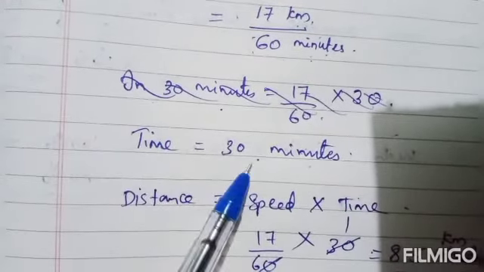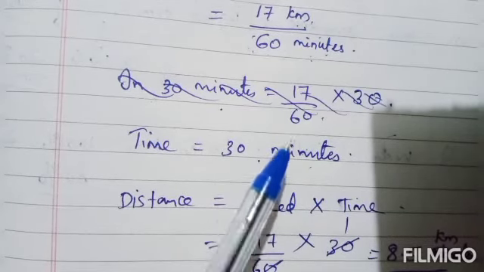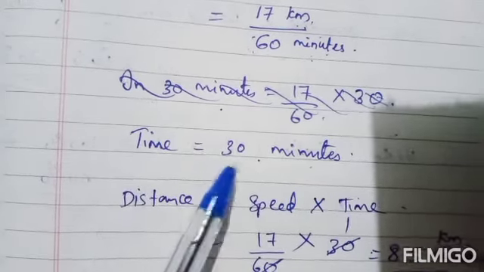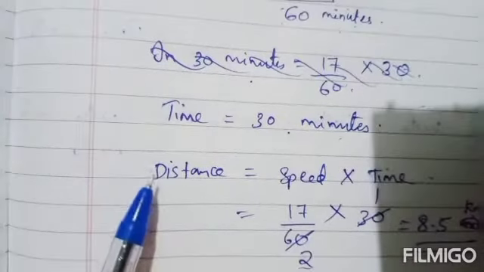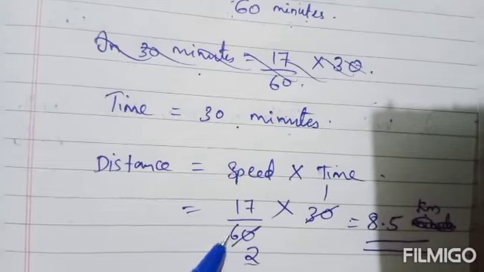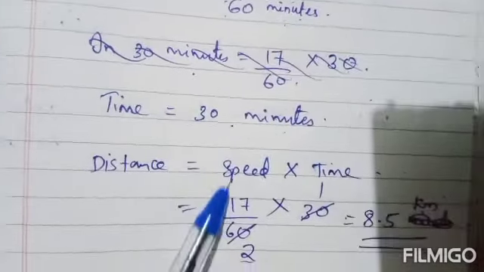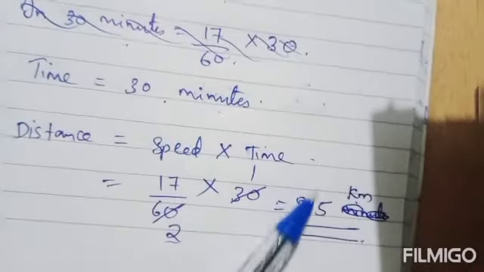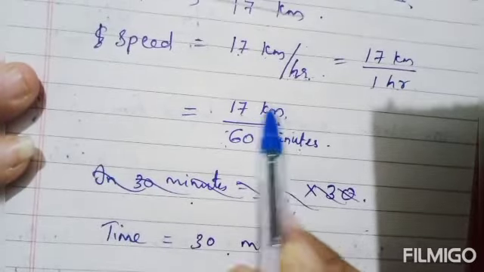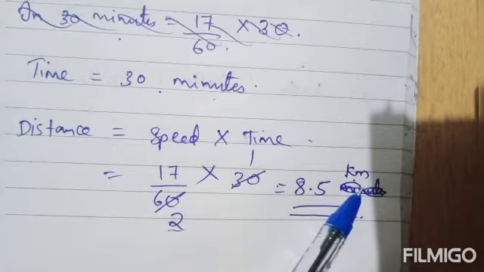Now time is 30 minutes, so time you can take as 30 minutes. Now we know this formula, distance equal to speed into time, so that we can apply. Speed you can take 17/60, time 30. So 17/60 into 30 you will get 8.5. Now our unit of distance, here kilometer we took, so in the answer also kilometer will come, 8.5 kilometer.